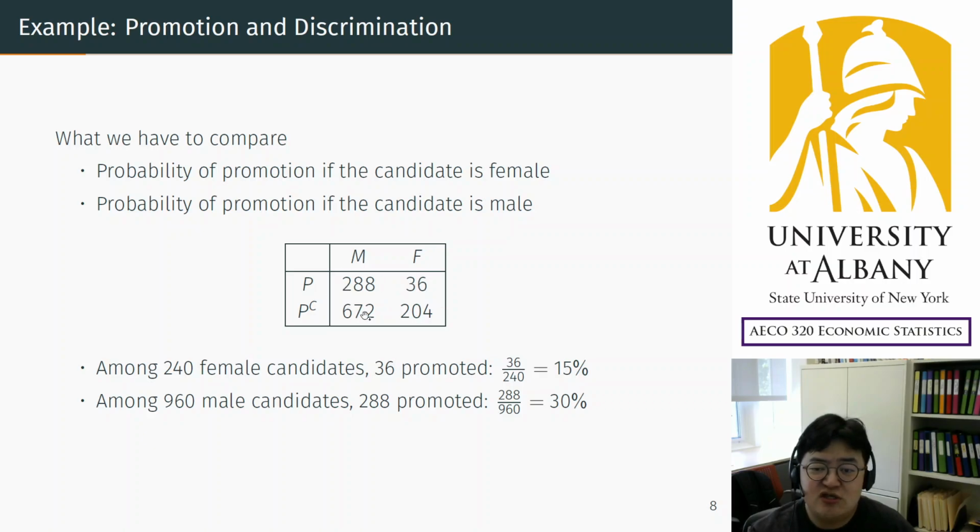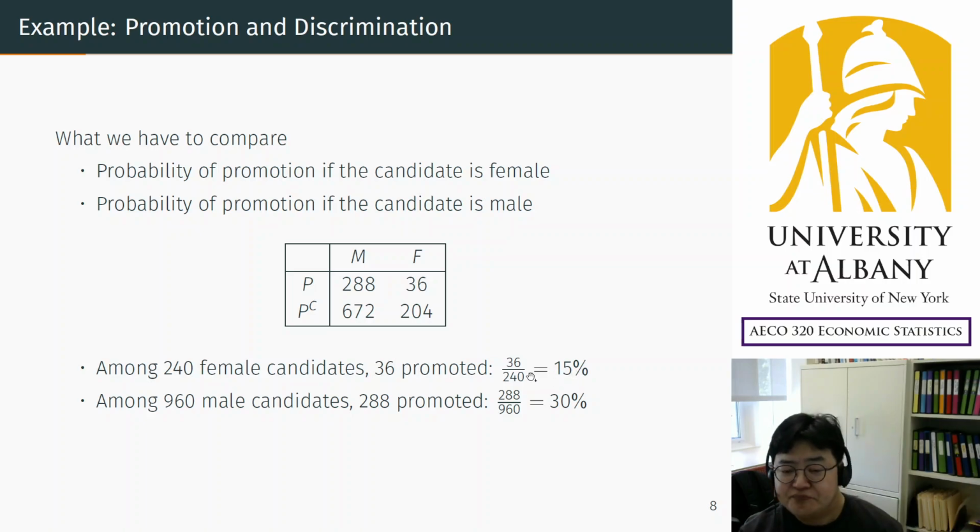So what we have to compare is like this. Not just choosing 1 out of 1200. We are going to look at the female candidates first. The pool size is 240, and we randomly choose out of these female candidates. Out of 240, only 36 were promoted, which is 15%.